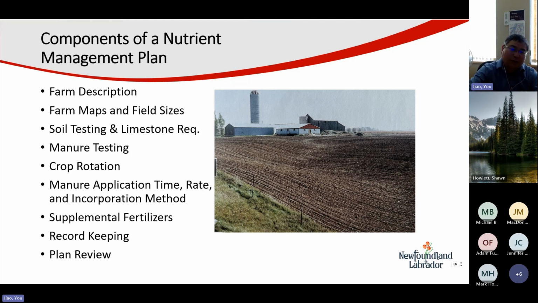So those are the components. Basically, if we want a good nutrient management plan, these are the common components to be included.